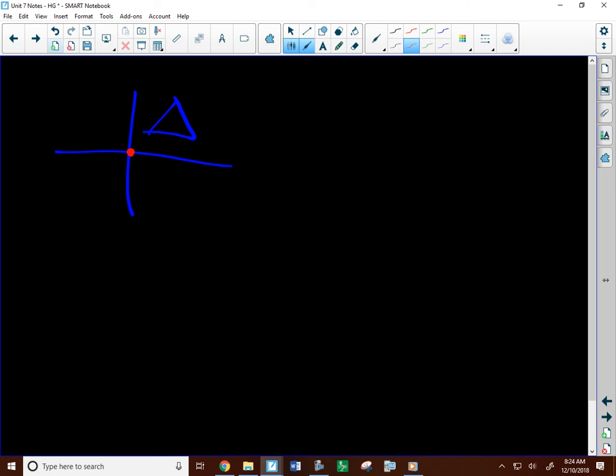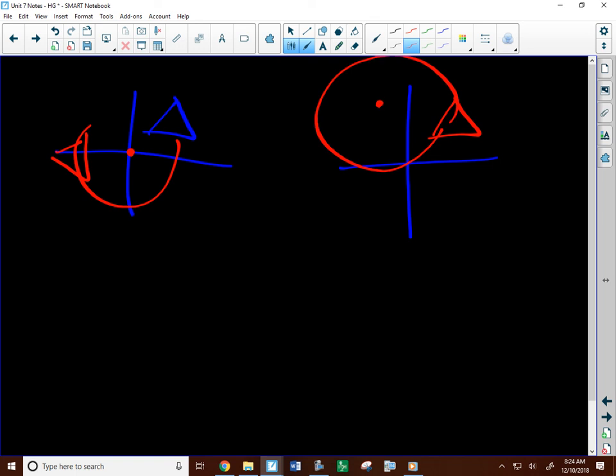But I could just as easily take that same triangle and rotate around this point over here, and now it's going to be along that path. I could even rotate around a point on the triangle or a point inside the triangle. Okay, so you can rotate around any point.